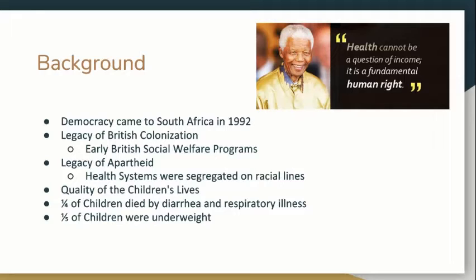White South Africans had better access to healthcare than Black South Africans, better care and better systems, and the Child Support Grant really helps alleviate childhood poverty. The quality of children's lives was poor pretty much because of the apartheid government.